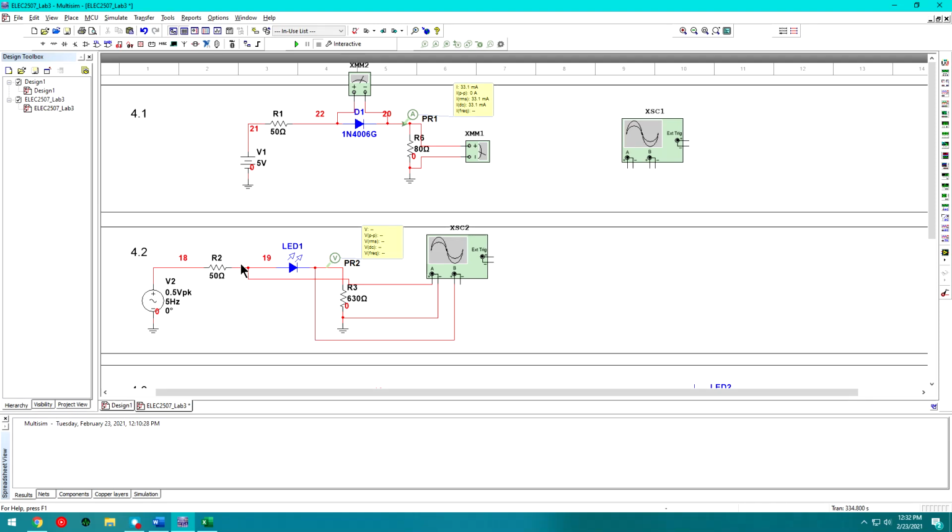And that just helps us measure on one side of the LED and the other side of the LED, because then we can get a difference between those two, and then we can see the small signal voltage drop across the diode. Make sure you're hooking up the negative channel on the B as well. And everything is set. You can go ahead and hit run once more.